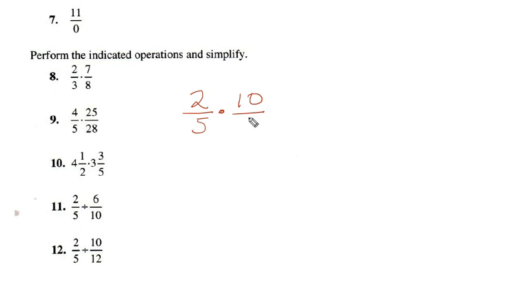So the rule is convert division of fractions to multiplication of fractions. You do so by changing the sign from division to multiplication and taking the reciprocal or flip the second term.